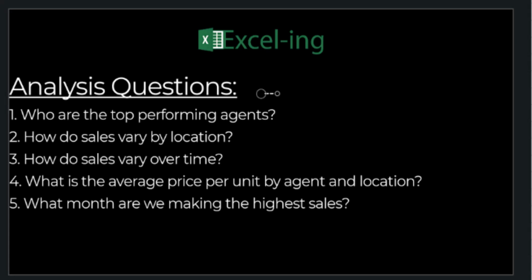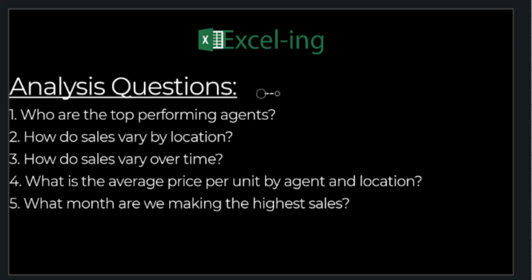Our fourth question is, what is the average price per unit by agents and location? And lastly, what months are we making the highest sales? So these are the questions we are coming to answer as we continue with our project. So let's see how we answer them.